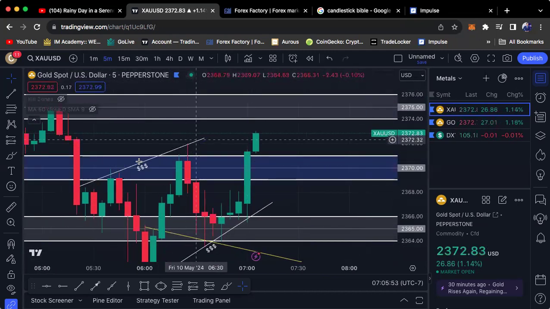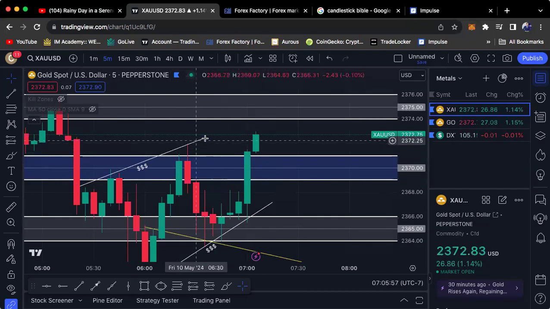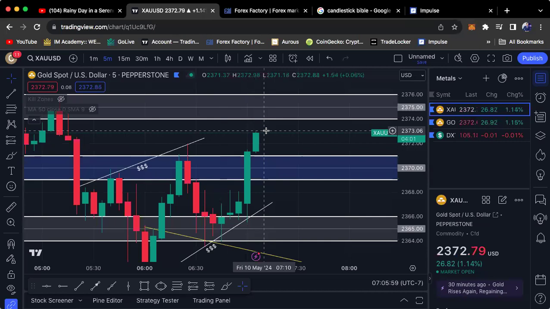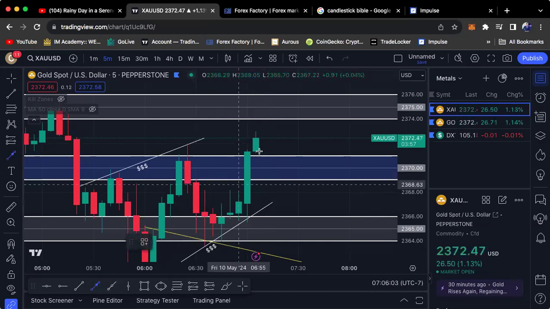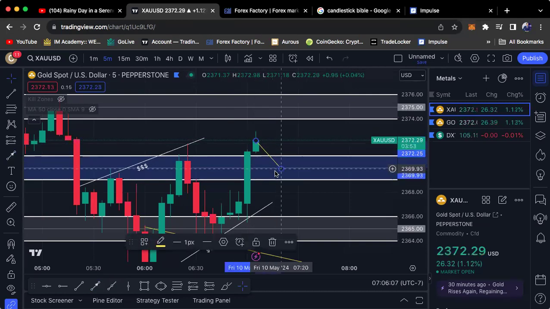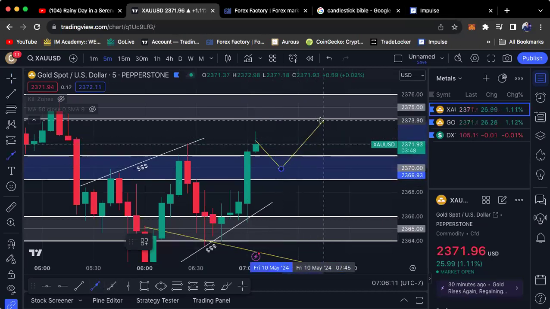Price wiped out this liquidity here. Wait for the retest. Wait for the bullish candle to form here. Right, all the way up.